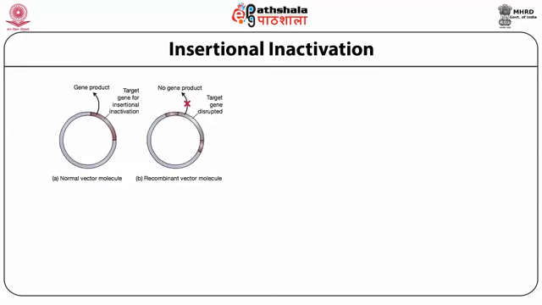It is shown here, as an example, in the fashion of a cartoon. The normal vector molecule is shown, and the target gene, when it's interrupted at a particular site, a BamHI site, when the target insert is incorporated into the vector, the tetracycline gene is disrupted and it gets inactivated.